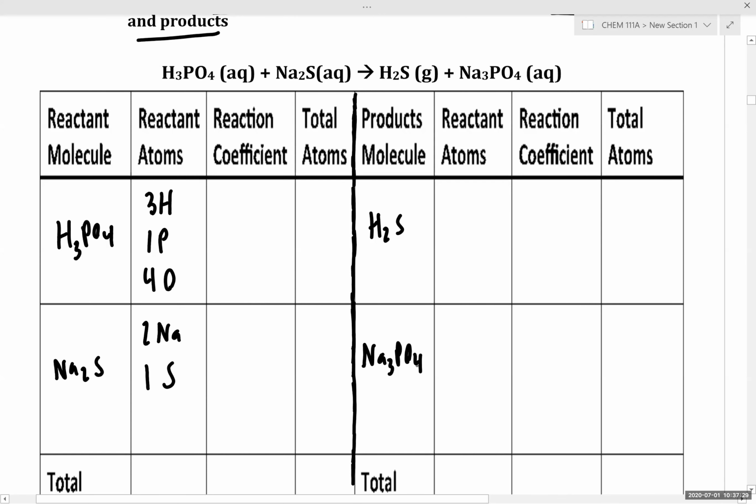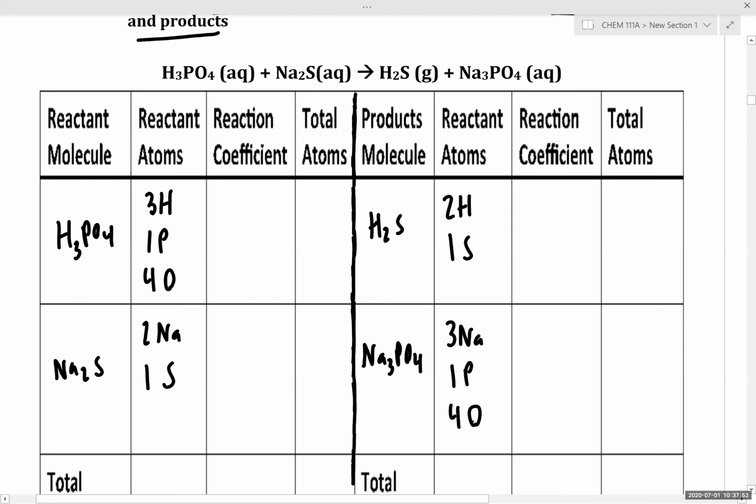I wouldn't want to run this reaction near anyone because it will smell terrible. Hydrogen sulfide smells like rotten eggs. Anyway, counting our atoms, we have 2 hydrogens and 1 sulfur. In sodium phosphate, we have 3 sodiums, 1 phosphorus, and 4 oxygens.